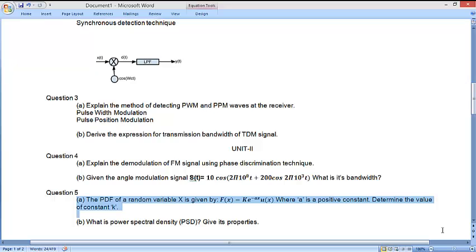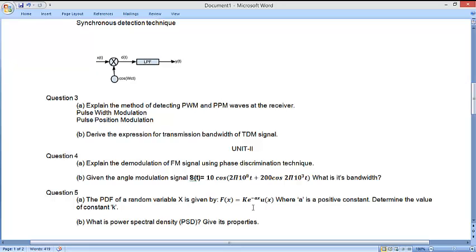So integrating f_X(x) with respect to x from minus infinity to infinity is equal to 1. Then substitute the expression that is given, k e^(-ax) u(x), and calculate the value of k by solving it, like we solve in maths.